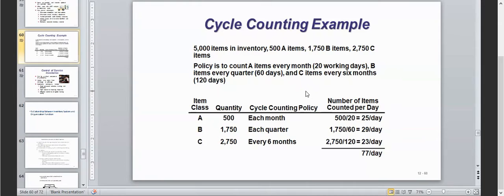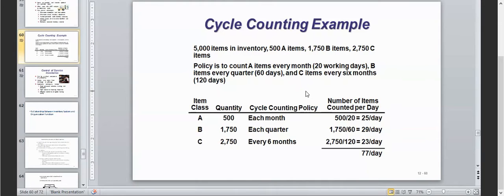So what we have here, we identify what is the number of item will be counted per day. For example, for class A item, we have 500 unit. So 500 unit will be divided by 20. So every day we will count 25 unit of item A, every day. And for class B item, we have 1,750.